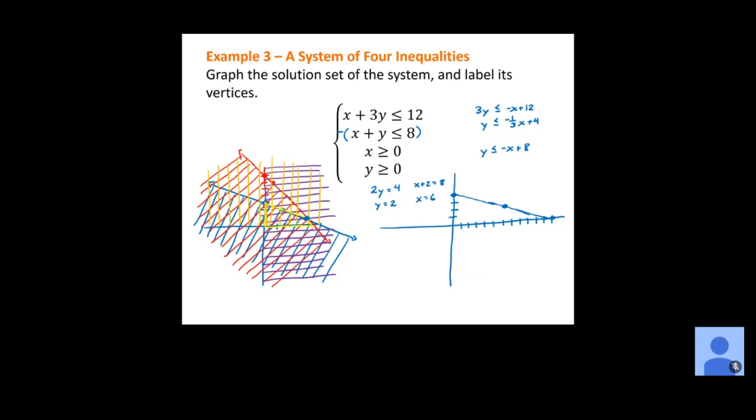So they shouldn't be just on a single line, but it should be pretty close in this case, right? One has a slope of -1/3, the other has a slope of -1. And then again, we're only shading the overlap now to the right of the y-axis, above the x-axis, and below those two lines. So our actual solution this time is this whole region down here now.